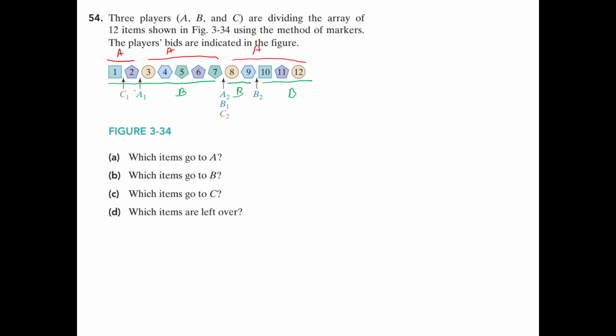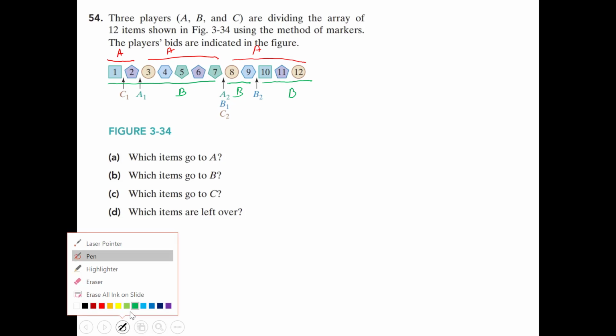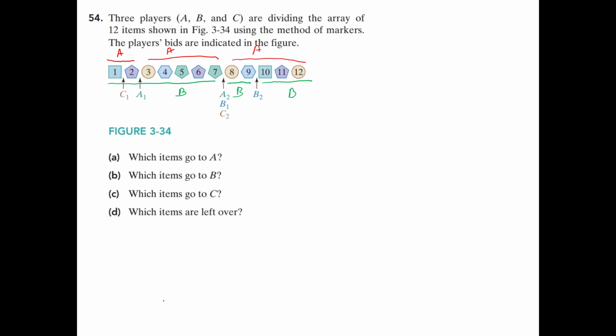And then player C thinks that just the first item, or the second through the 8th item, or the 8th through the 12th item.